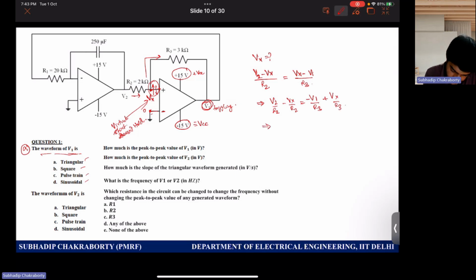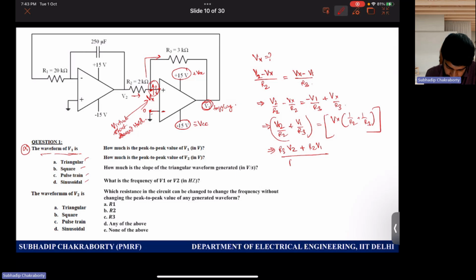And hence we can write V2 by R2 plus V1 by R3 is nothing but Vx times (1 by R2 plus 1 by R3). If we multiply by R2 R3, what we get is (R3 V2 plus R2 V1) divided by (R2 plus R3), which is nothing but Vx.